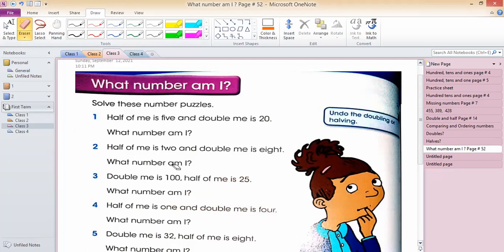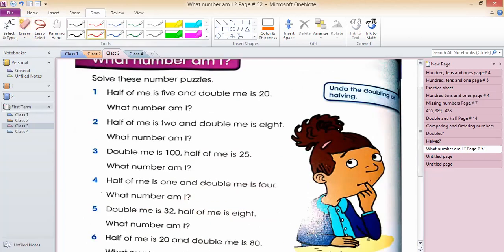Okay. Question number 5. We will do that work in the notebook, guys, after question number 5 practice. Question number 5. Double of me is 32 and half of me is 8. What number am I? Answer me, please. Very good, Sharif.